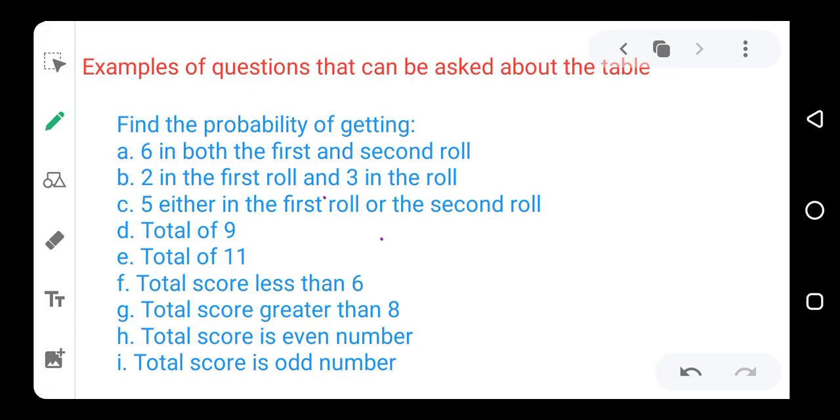So that should be the answer to question number 1. 6 in both the first and second row is 1 over 36 because there is only one outcome that has 6 in the first row and 6 in the second row.